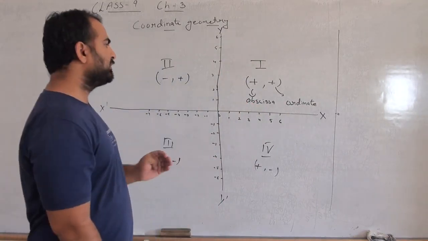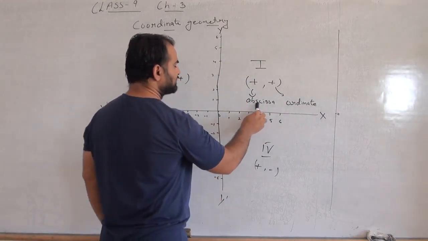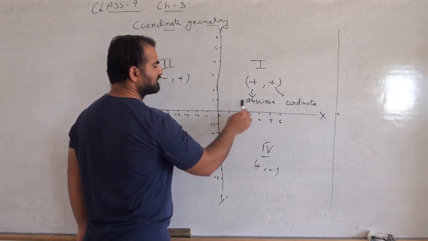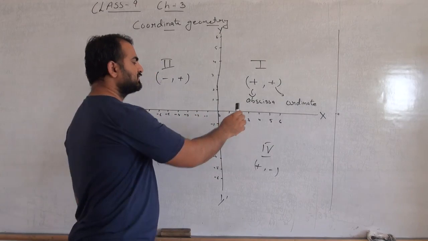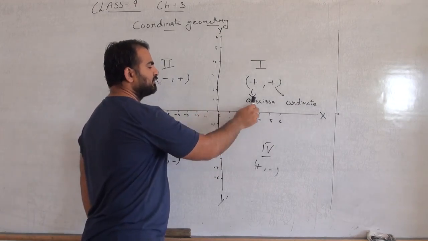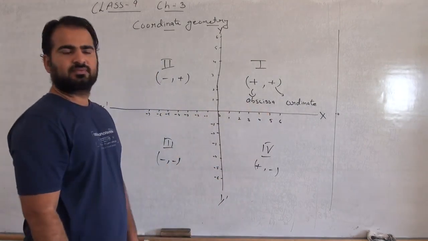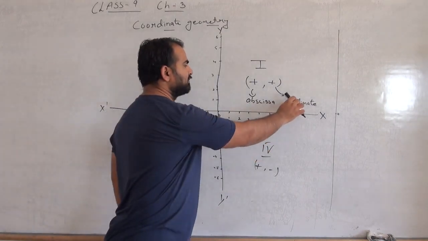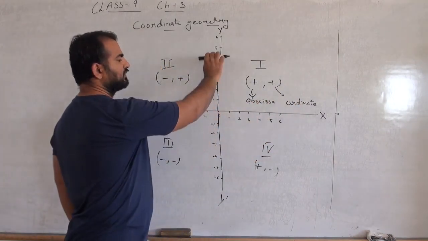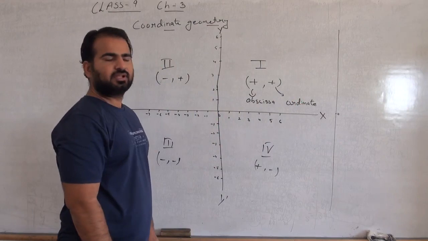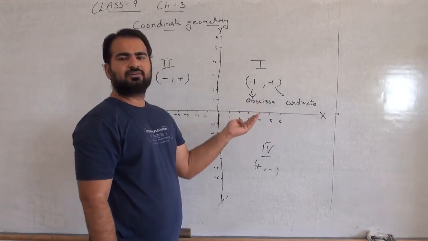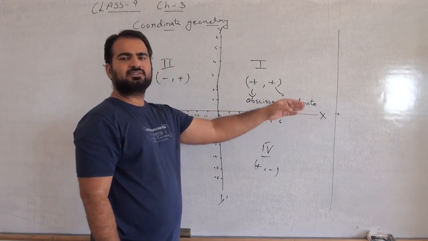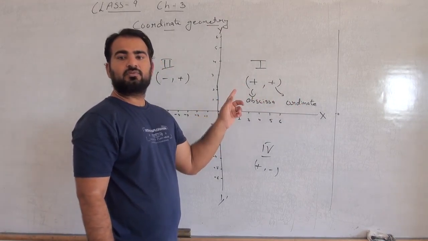So what do we mean by abscissa? Abscissa is the perpendicular distance from the y-axis, and ordinate is the perpendicular distance from the x-axis. We can say abscissa is the distance from the y-axis and the ordinate is the distance from the x-axis.